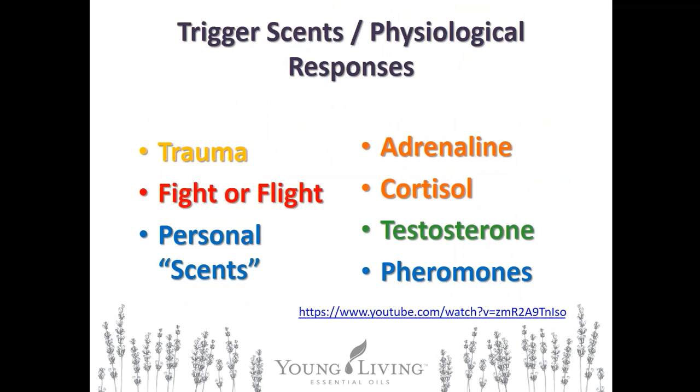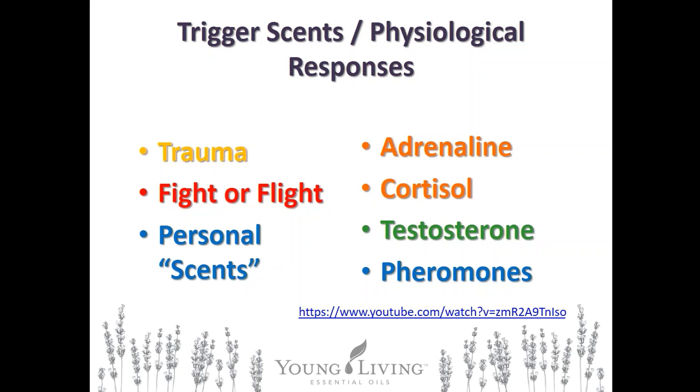Trauma. If you can see, these are a little bit color coordinated, sort of. Trauma, any kind of trauma, whether it's a fright or an actual physical trauma, your physiological response to the scents that are around you at the time of the trauma will consistently and continually trigger an adrenaline or cortisol response.